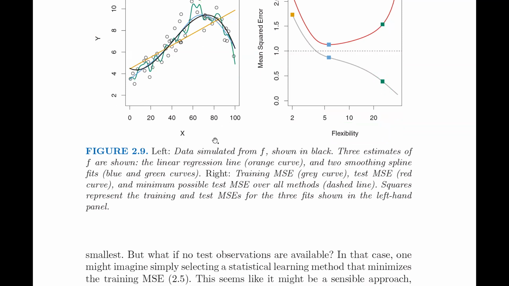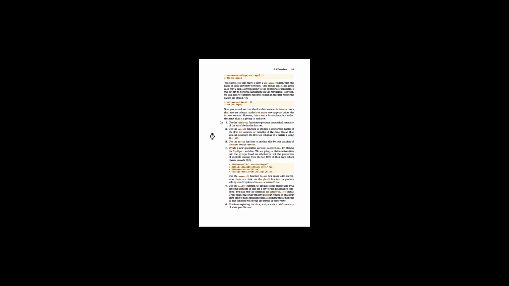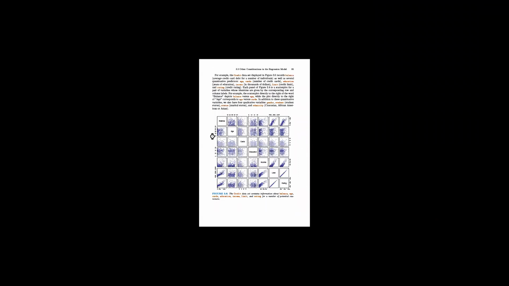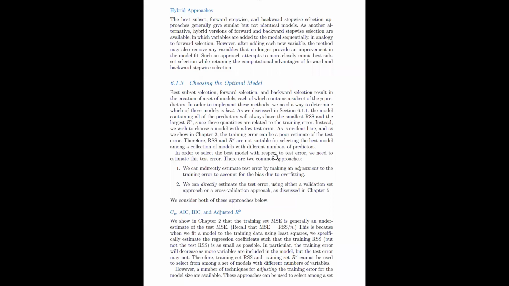This is the problem with overfitting. This is why we need to avoid overfitting. This is why we want to minimize the variance. The more we have overfit, the higher the variance. Okay.